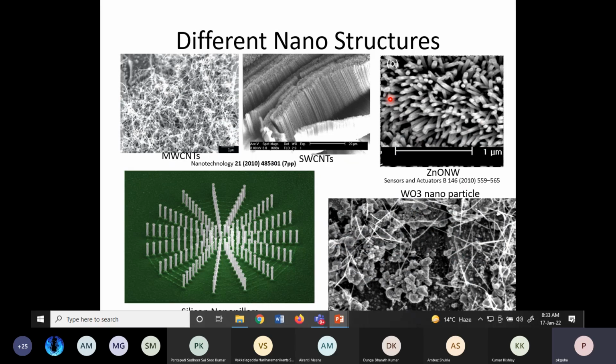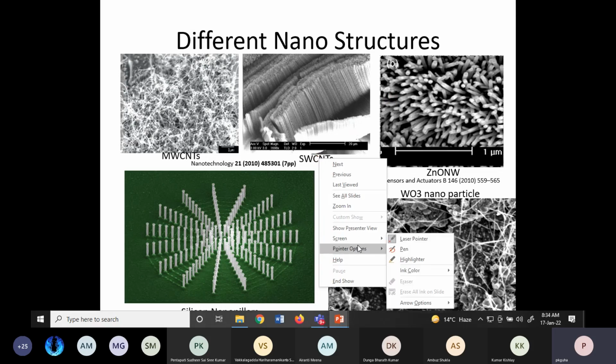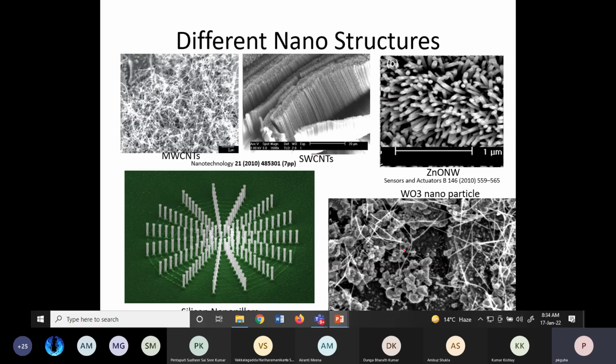Now these are some of the images I would like to show you, to tell how the nanomaterials look. These images were taken using a microscope known as a scanning electron microscope, or SEM. SEM, scanning electron microscope. These are a different kind of microscope, again that we will discuss.